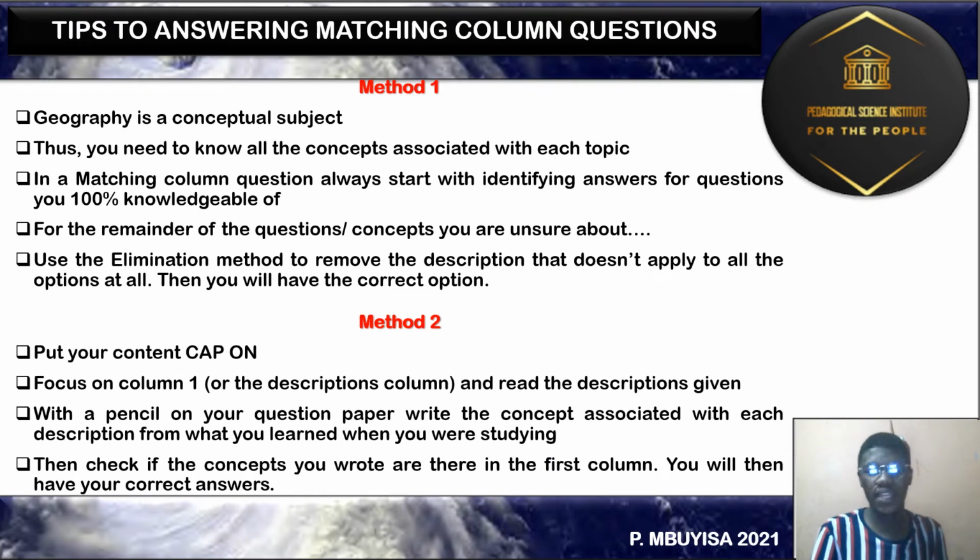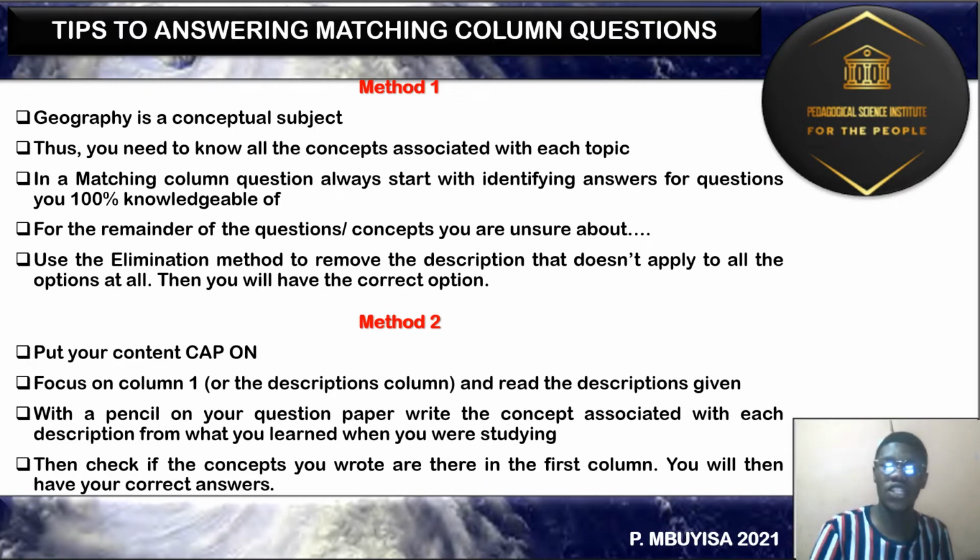And then here's another method. Another method is to put your content cap on when you meet up with matching column questions, and then focus on column 1, and it's usually the descriptions column. So read the descriptions given with a pencil on your question paper, underline the keywords they are asking you, and write down what you think the most correct answer is before you look at the second column with the options.